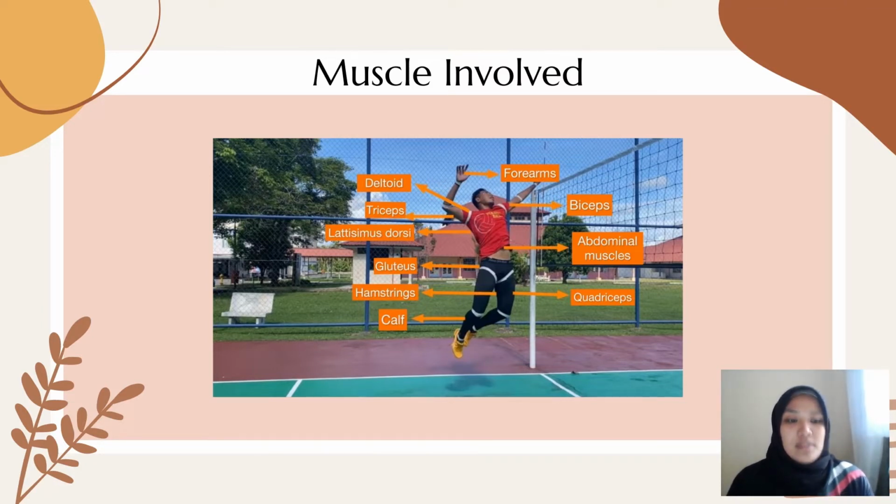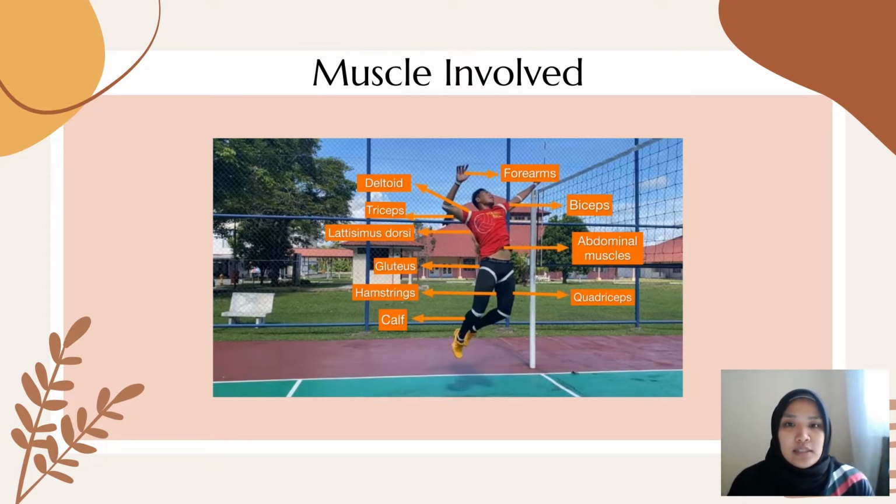The gastrocnemius is an important muscle for jumping, and the soleus helps you to move around the core. And then we go to the abdominal muscle, which will help resist extension when you rotate your core for serving and hitting, and also stabilize your spine during the jump.